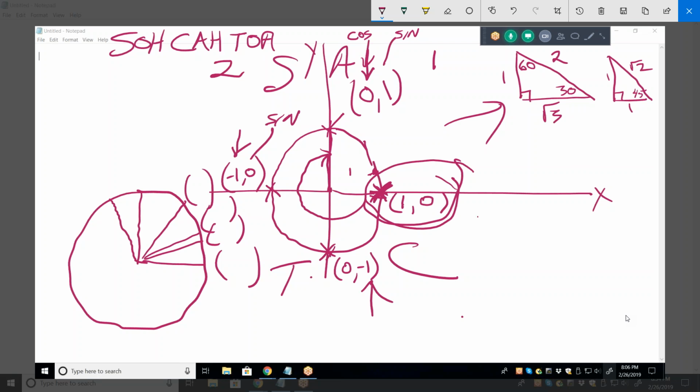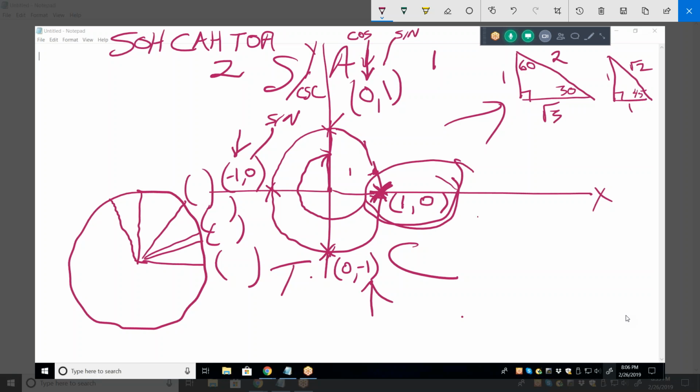In quadrant number 2, only the sine is positive. Cosine's negative, always. If I'm in a quadrant 2 angle, which is to say any angle from 90 to 180, cosine is negative, tangent is negative, but the sine is positive. And since its reciprocal always has the same plus or minus sign, then the cosecant is also positive. So I'll just add it there.